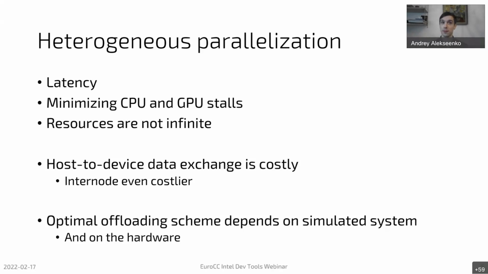And furthermore, complicating all this further, not only do we need to balance all these competing concerns, we also need to make sure that we can achieve optimal performance on a wide range of simulated systems, from small proteins, maybe thousands of atoms, to hundreds of thousands of atoms. And we also want to run on different hardware.